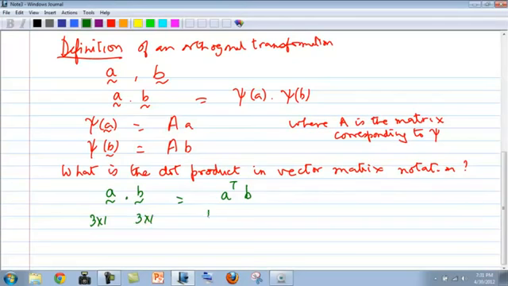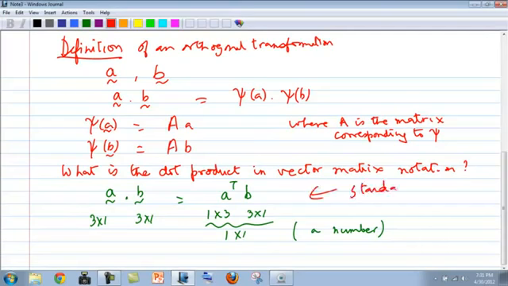What is A transpose going to be? It's a 1 by 3 vector, and B is going to be a 3 by 1 vector, and when we do the multiplication in this way we get a 1 by 1 vector, which is just a number. So this is a standard way to get scalar products.